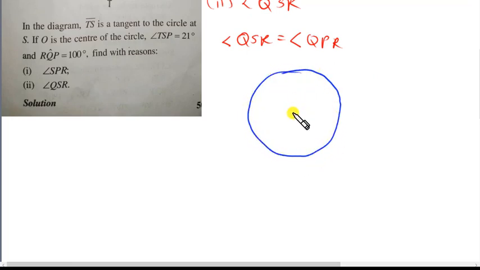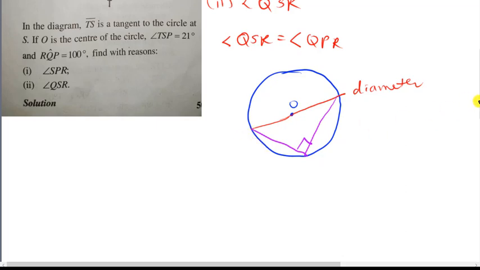Now, if there is a circle and that is the center, and we have a line passing through the center of the circle, that is a chord, and if the chord passes through the center of the circle, we call it the diameter. All right, and the angle subtended by the diameter of the circle on the circumference is always 90 degrees. That is, the diameter always forms a right angle triangle.